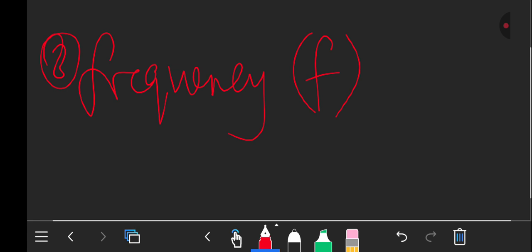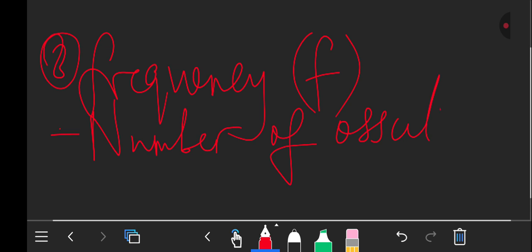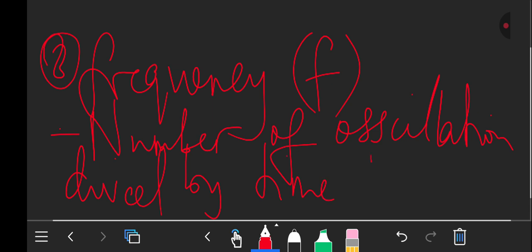Frequency is just the number of oscillations divided by the time taken. So that is what frequency is.